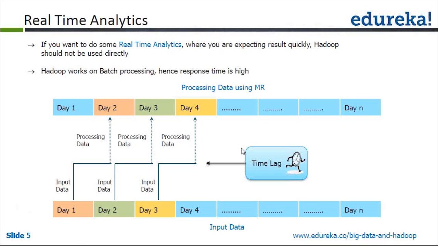If you want any live data analytics, for example Twitter data, that is a prime example of live data analytics. Twitter is like a streaming of data where the data keeps coming in for a particular hashtag. It's never going to stop. So that is one prime example of live streaming of data.